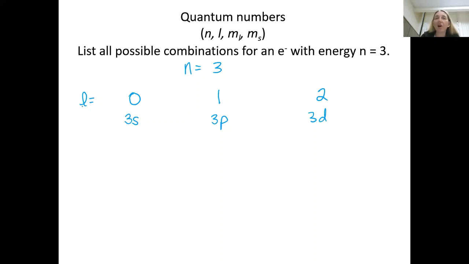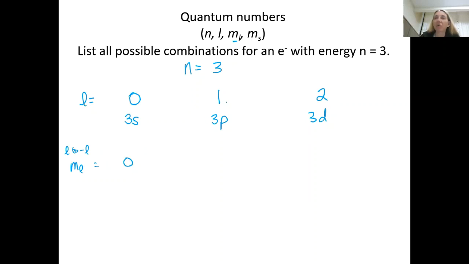Now my next letter is M sub L. Remember, M sub L can equal L to negative L. So if L equals 0, M sub L has to equal 0.